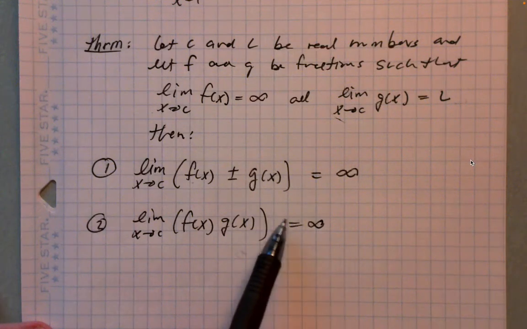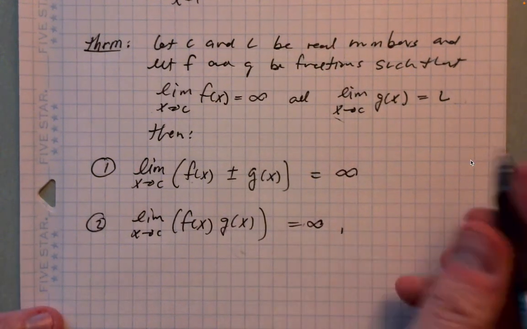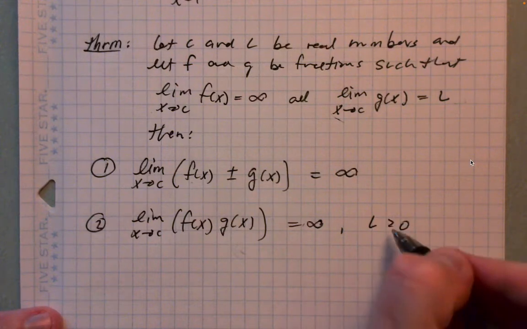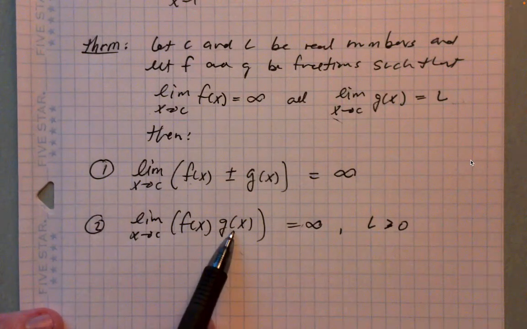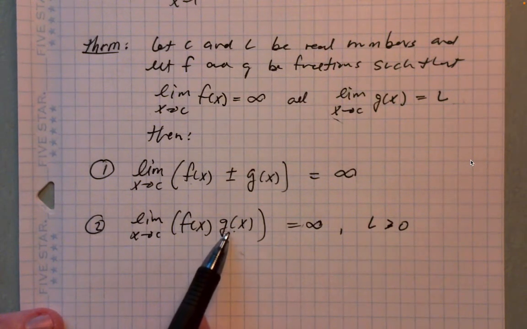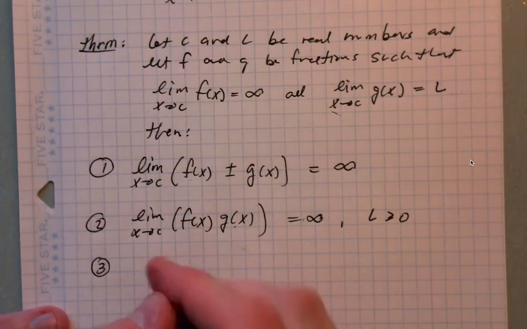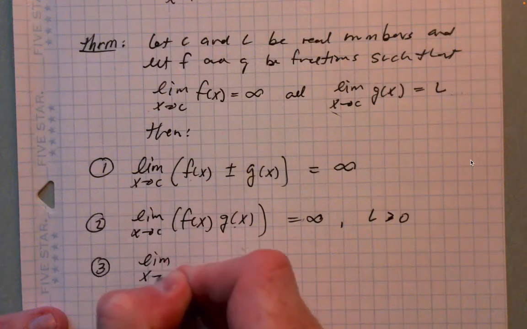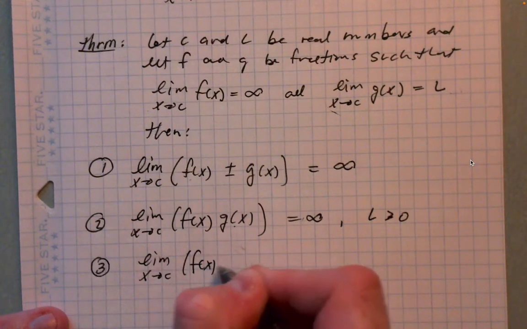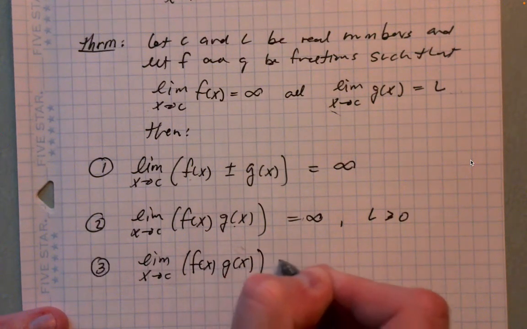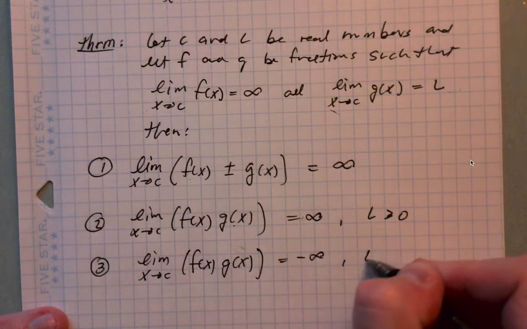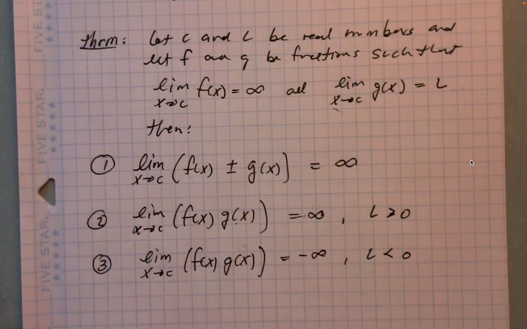Now this heads off to infinity only in the case where the limit is greater than 0. Naturally, if g is heading towards a negative number, then the whole thing would do the opposite. In fact, that's bullet 3. So the product will be negative infinity if L is less than 0.